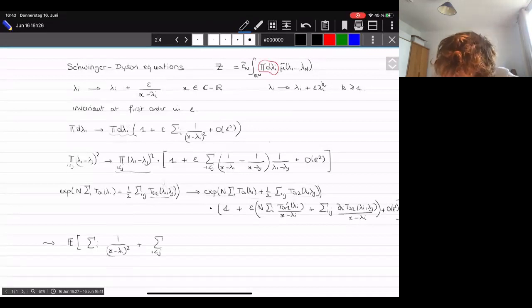So let me simplify this one a bit. I can put it in the same denominator. I will have lambda i minus lambda j canceling the denominator. So I have this. And I forgot the factor of 2.